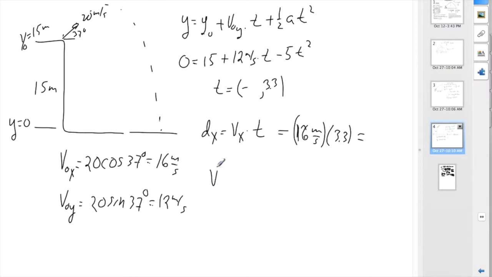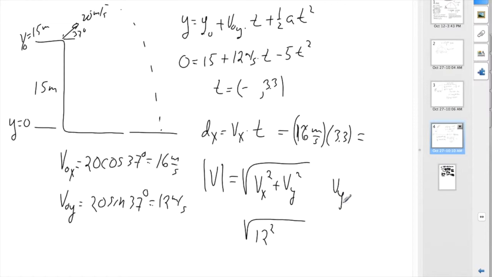We could talk about a final velocity. The magnitude is going to be the square root of Vx squared plus Vy squared. We know Vx to be 16, so Vx is 16 quantity squared, and then Vy is going to be 12 plus minus 10 times 3.3.